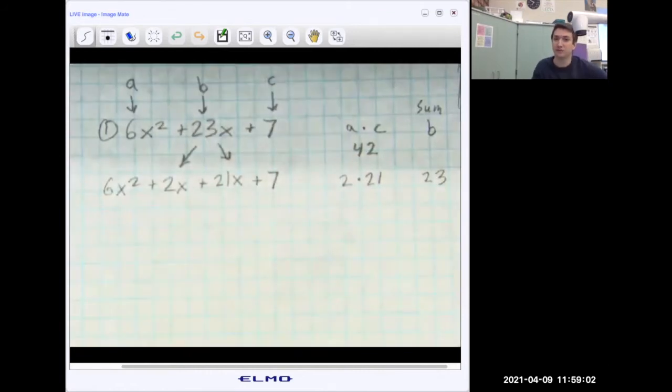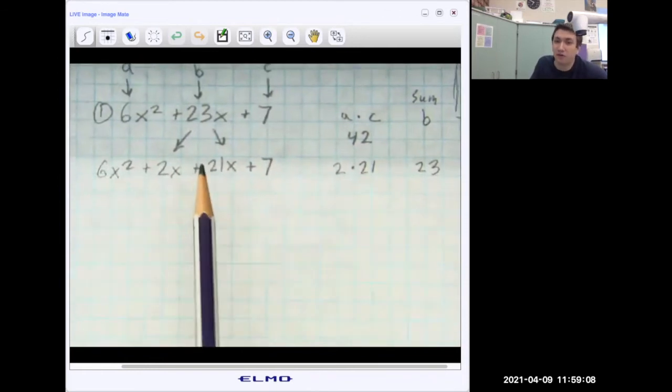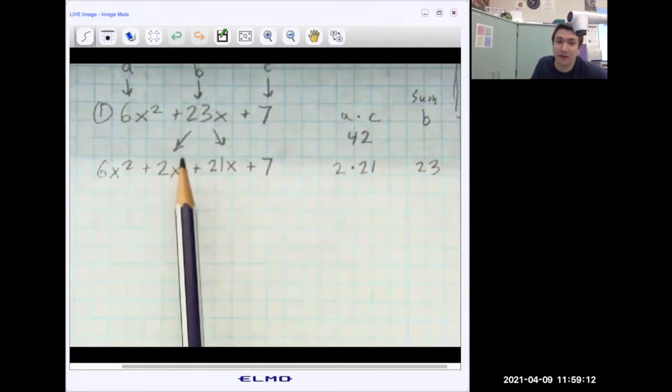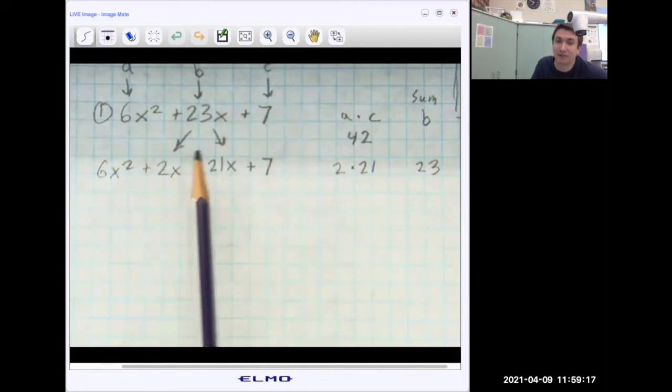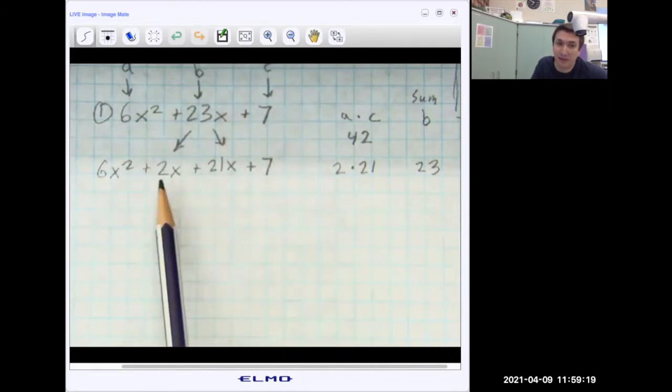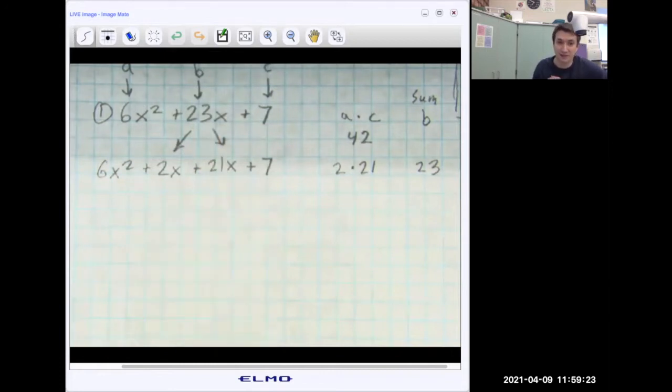Okay, so that was a long, kind of complicated way of breaking apart this b term. But look, we haven't broken any rules of algebra yet. We're still keeping this expression the same as it was before, because if we put these back together, we get right back to 23. So we haven't made any mistakes yet.